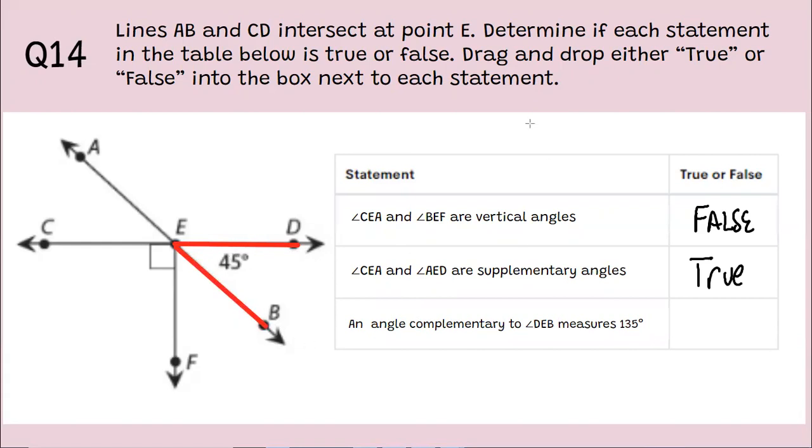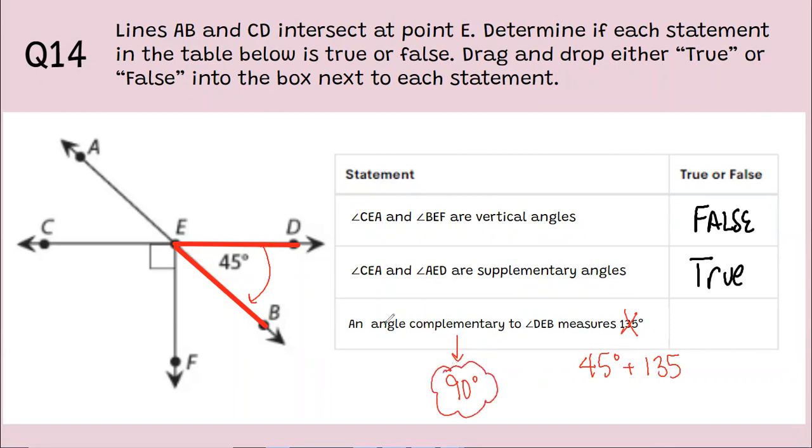This is your understanding of what complementary angles are. Complementary angles are two angles that add together to give you 90 degrees, not 180. So it could not possibly be 135 degrees. I could not take the 45-degree angle, which is angle DEB, and add something that is over 100 degrees to it to give me 90.